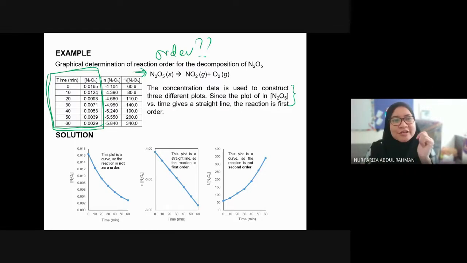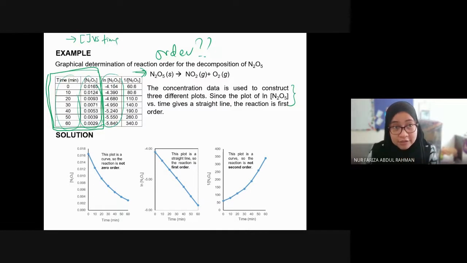Okay, alright, so kalau dia zero order, graph yang you kena buat apa? Concentration versus time. So you dah ada time, you dah ada concentration. Betul tak? Tak ada masalah. Okay, this one you can plot the graph for zero order. And this one, what if kalau dia first order? Betul tak?